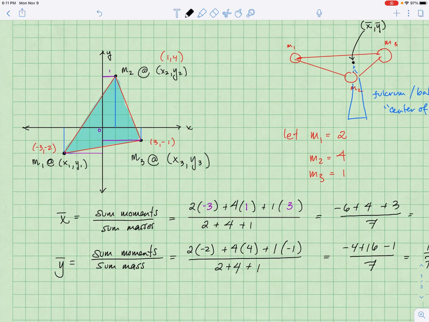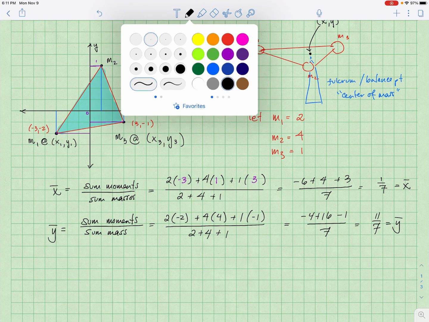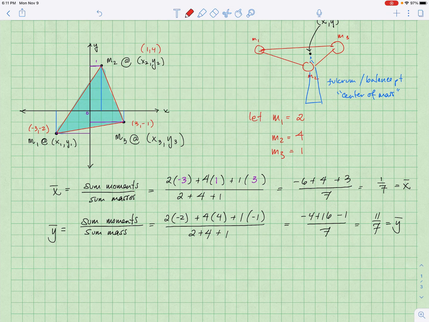So if we go back to our picture here, 1/7 is, well, pretty dang close to 0. So I'm just going to put in something really close there. Oh, not on top of the axis here. Okay, that's about as close as I can get without it snapping to.